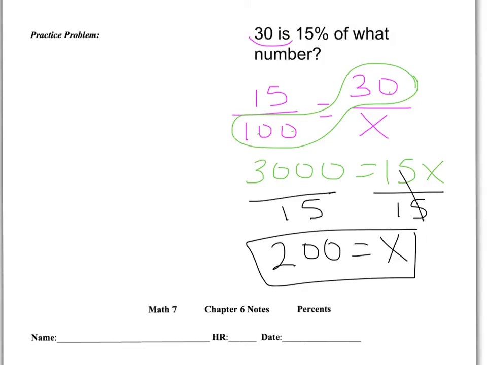Now let's plug in the 200 and see if we have a reasonable answer. What I notice is that if I take 100 times 2, I get 200. If I take 15 times 2, I get 30. So I can use some mental math there, and it looks like I got a good answer because those two ratios are equal, or proportional. So we're done.